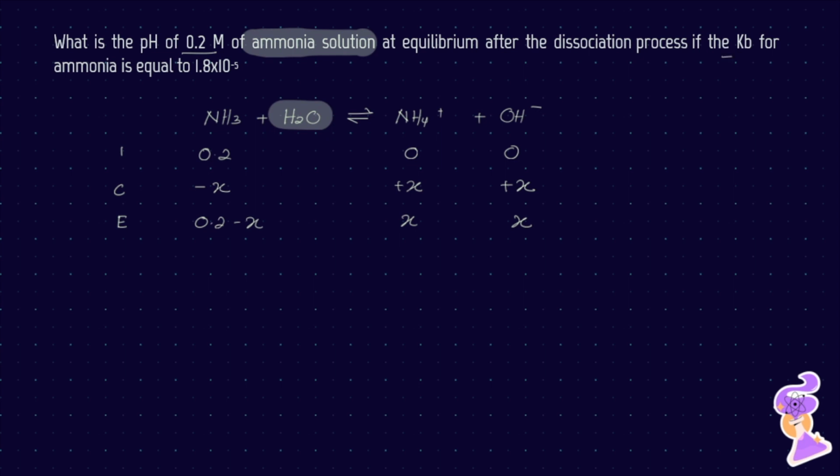Given to you the Kb is equivalent to 1.8 times 10 to the power of negative 5. Therefore, you need to calculate your Kb, which is equivalent to x times x divided by 0.2 minus x, whereby your Kb of 1.8 times 10 to the power of negative 5 should be equivalent to x squared divided by 0.2 minus x.